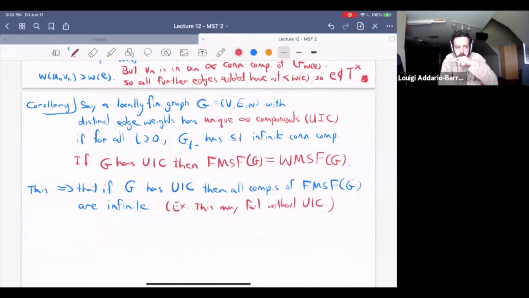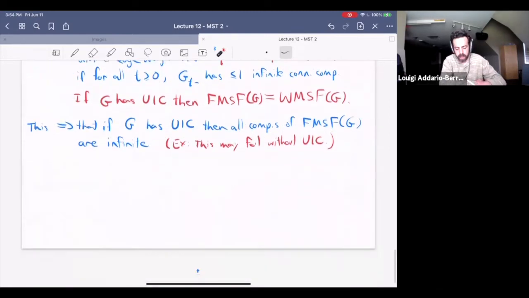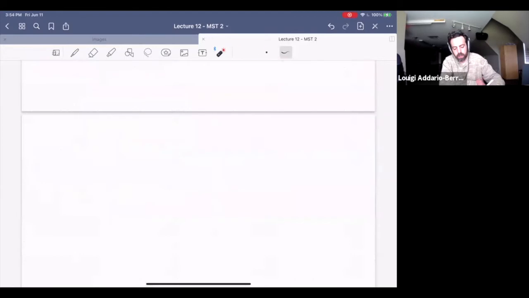Okay. But we're now going to focus on the setting of percolation, where the edge weights are going to be IID uniform random variables, so automatically all distinct. And for the most part, I think exclusively actually, we'll be looking at settings where the graph has unique infinite components.